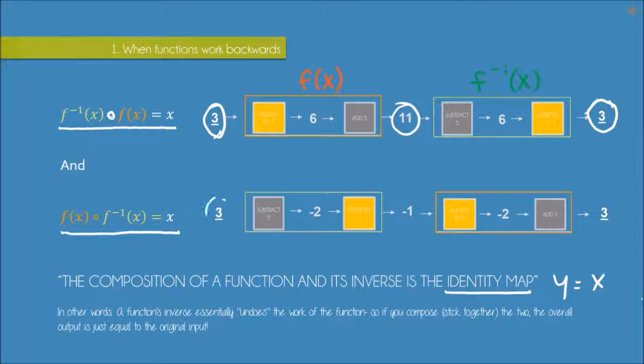We're inputting 3 initially, and we get out a 3 on the other side. So really the message I'm just trying to get across on this slide is that when you have a function and its inverse, they're just the reverse of each other. And it doesn't really matter what order they come in when you put the two together.